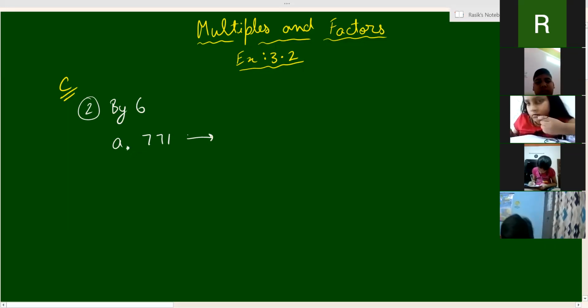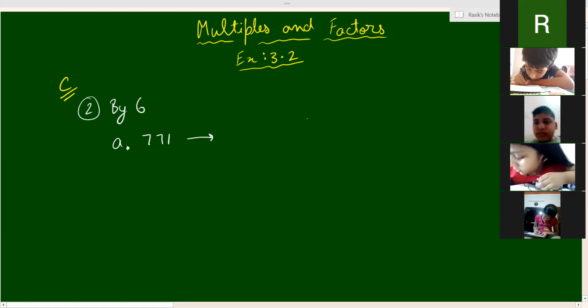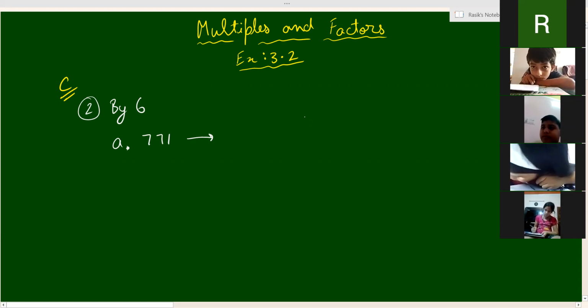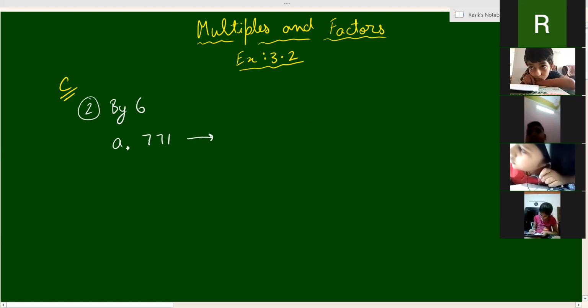I have already explained the divisibility of 6 many times. How do we check the divisibility of 6? You see whether the number is divisible by 2 and 3. If the number is divisible by 2 and by 3, that means the number is divisible by 6 also. So we will check whether this number is divisible by 2 or not. This is an odd number.